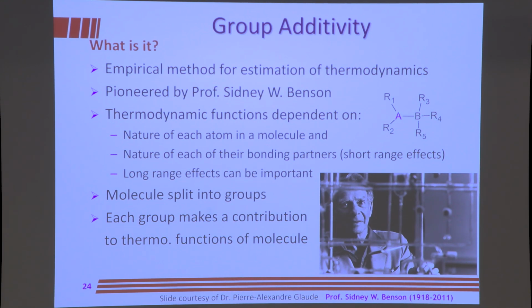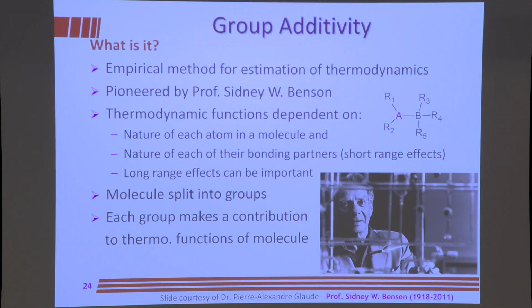Okay, so say we have this framework. We have an atom A bonded to an atom B, okay? And then there are three functional groups bonded to B and two functional groups bonded to A, right?